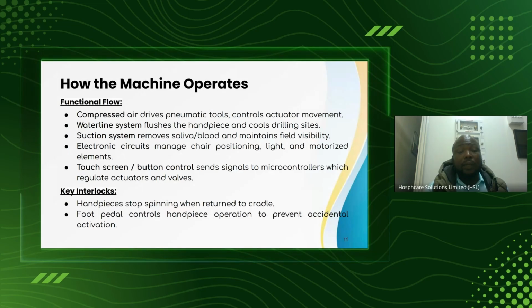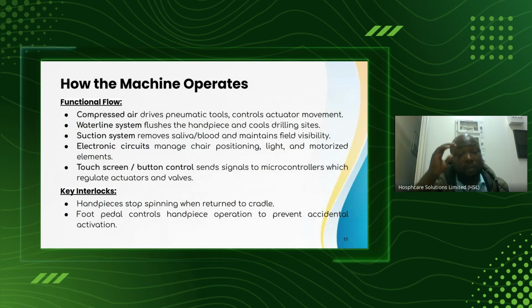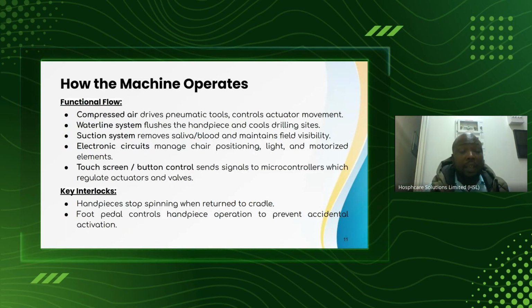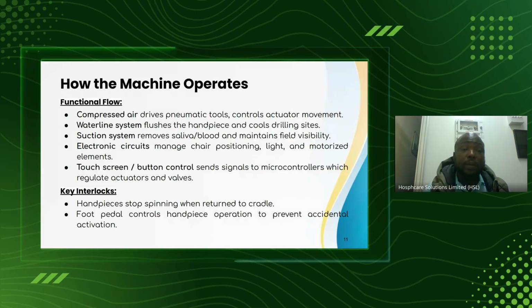The machine can be electromechanical, in a way that it operates with both electrical and pneumatic systems. Once you feed in your air from the compressor point, you feed in your water from the internal bottle, clean water, and then you feed in your power, the dental unit will be able to move up and down to the position of your choice.